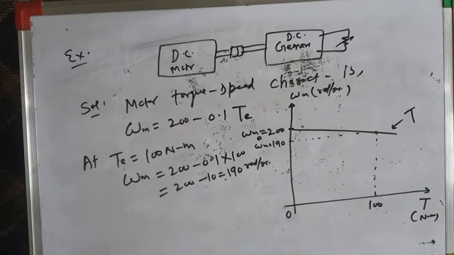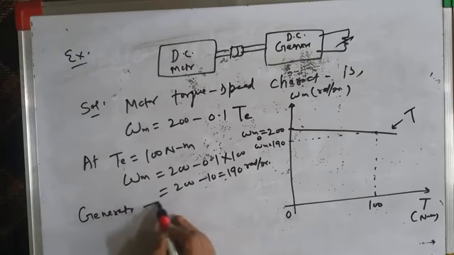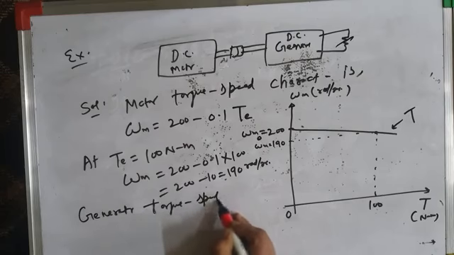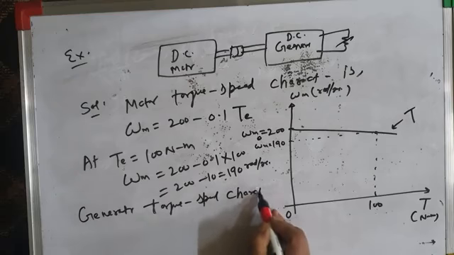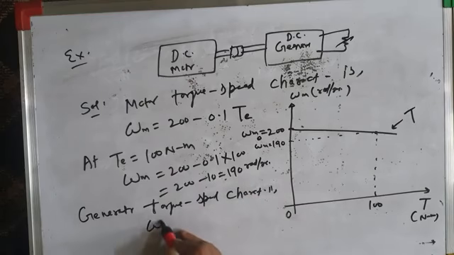Similarly, what is the torque speed characteristic of the generator? It is also given. I will write here, generator torque speed characteristic is given as omega m equal to 2 TL.